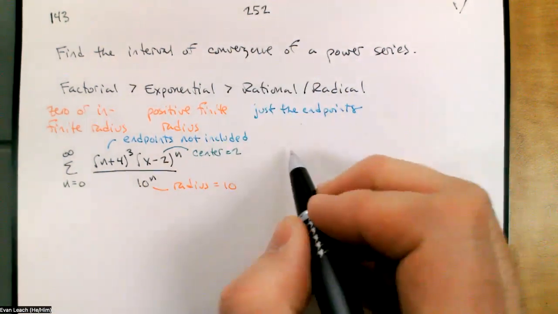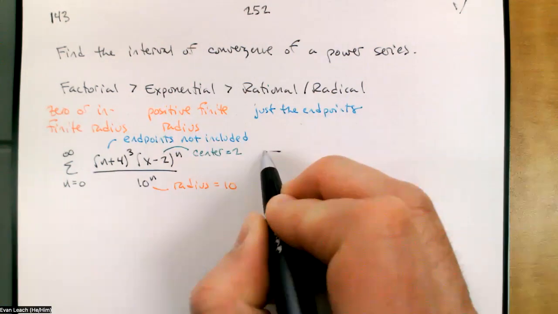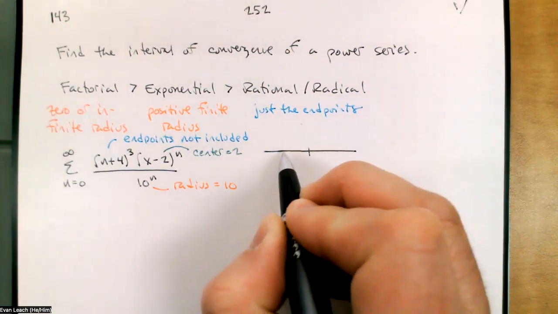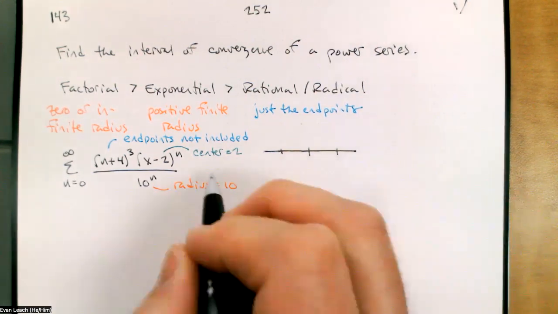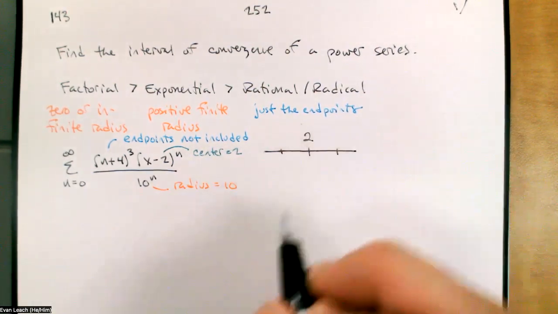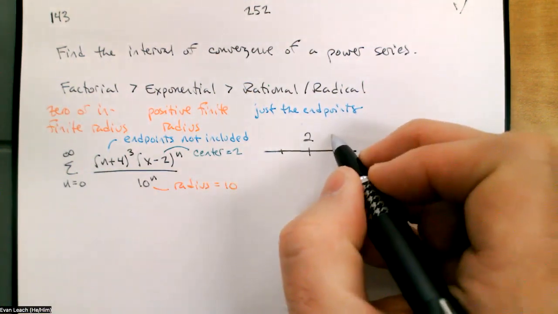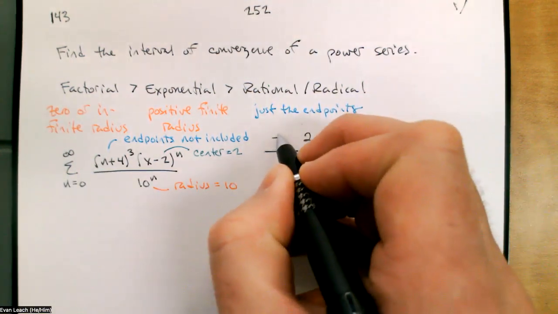So if we go to draw our interval of convergence, our center is going to be at 2. Our radius is 10. So we'll go 2 plus 10 is 12. 2 minus 10 is negative 8.